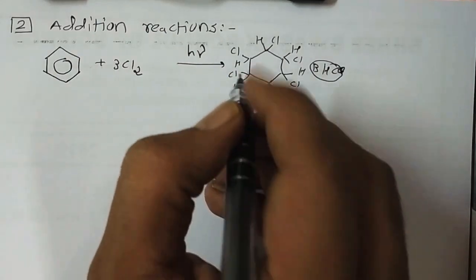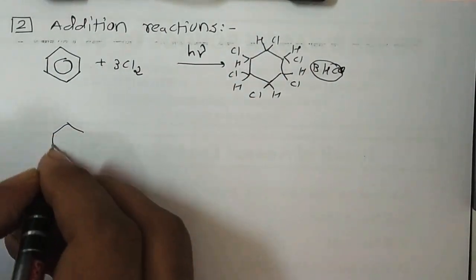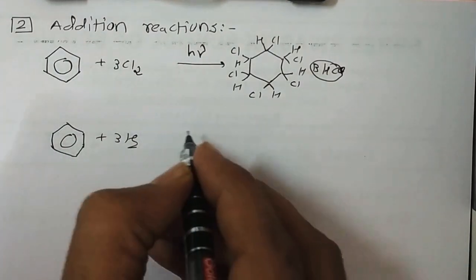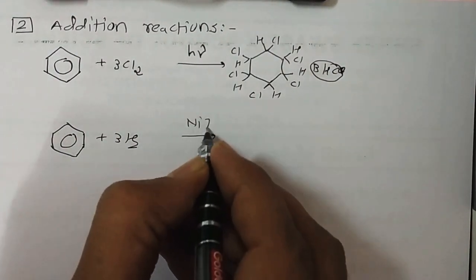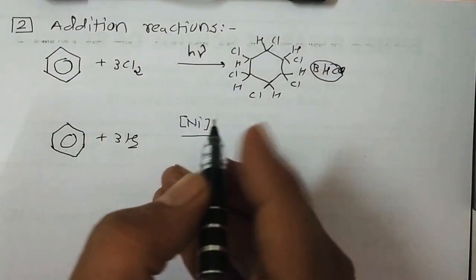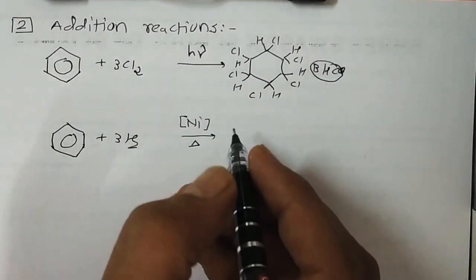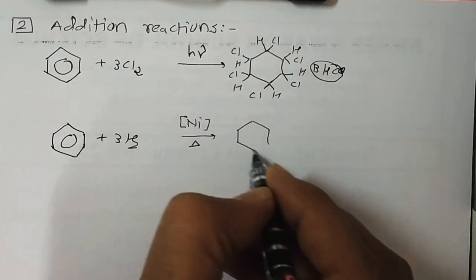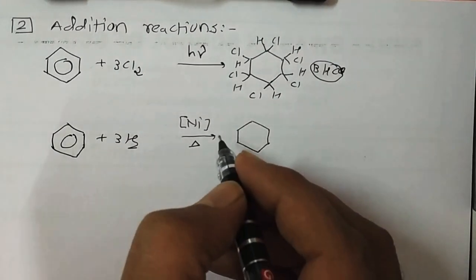This type of reaction is performed in the presence of sunlight because it is a free radical reaction. In the same way, when benzene reacts with 3 moles of hydrogen in the presence of nickel or platinum or palladium or Raney nickel, and if normal nickel, then temperature is required, we get cyclohexane.